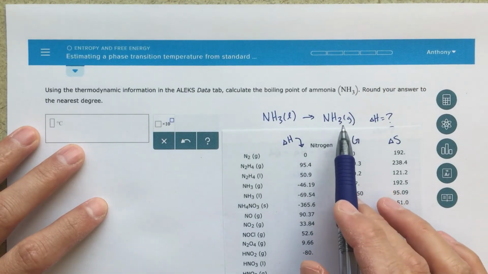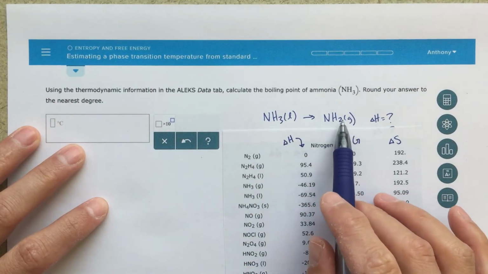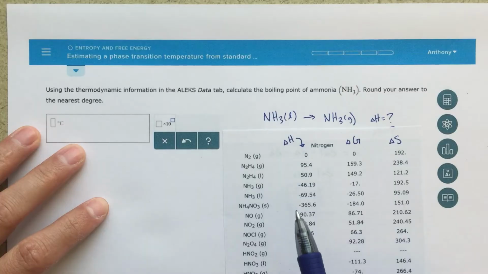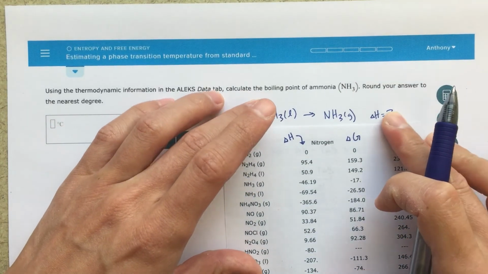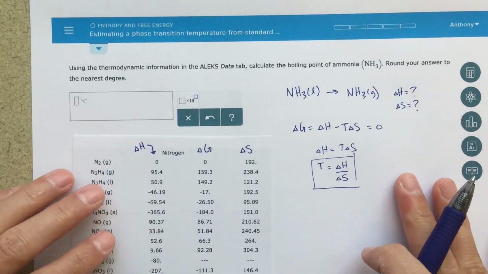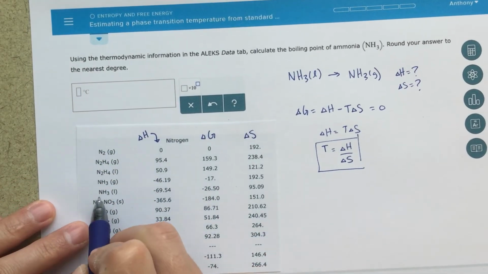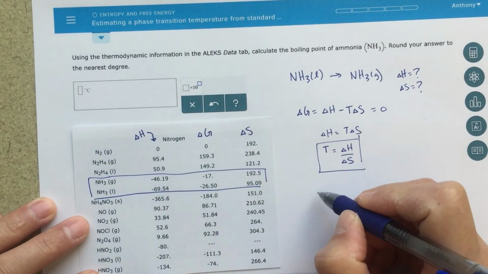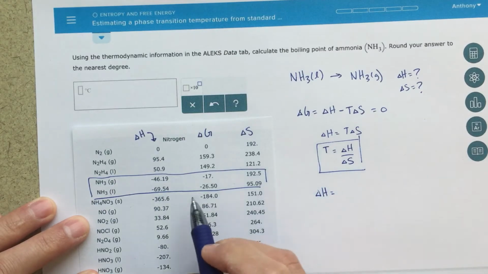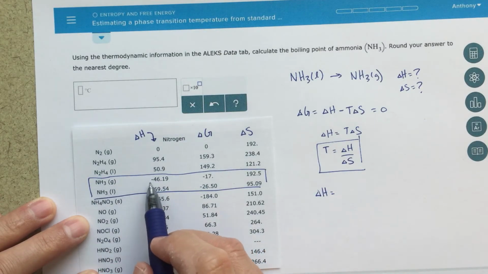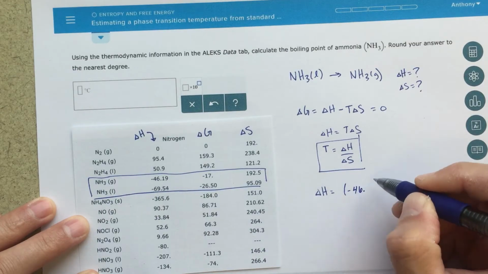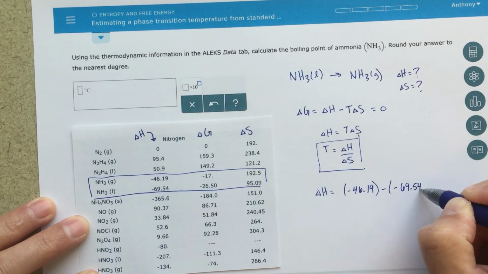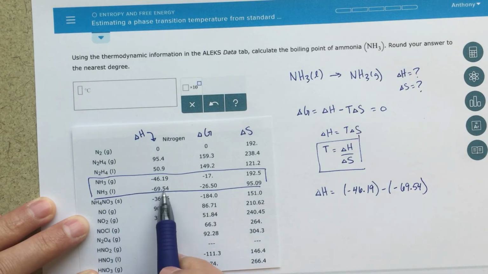It's just the sum of the products minus the sum of the reactants, or in this case, the enthalpy of NH3 gas minus the enthalpy of NH3 liquid. That tells me the enthalpy of this reaction, and I can do the same thing for delta S. Using this table, for delta H that's minus 46.19 minus a minus 69.54, my enthalpy of the gas minus my enthalpy of the liquid.